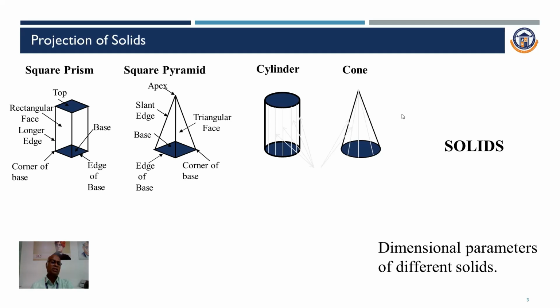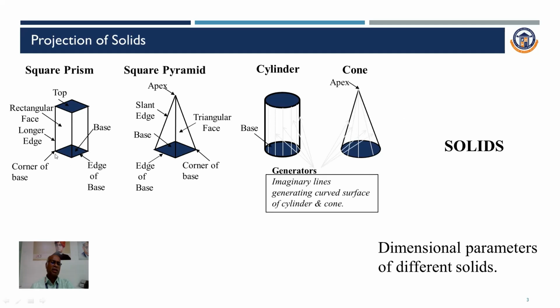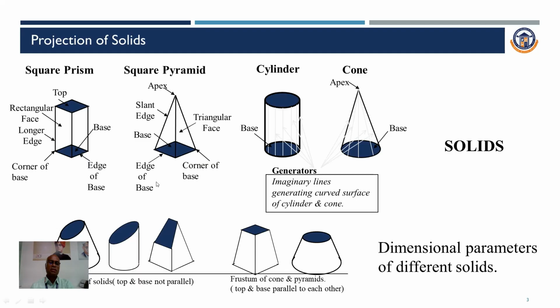Then the longer edge, the corner of the base, and the edge of the base are the main parts of the square prism. For the square pyramid, the bottom side is the base, the top is the apex, the sides are the slant edges and triangular faces, then the edge of the base and the corner of the base.